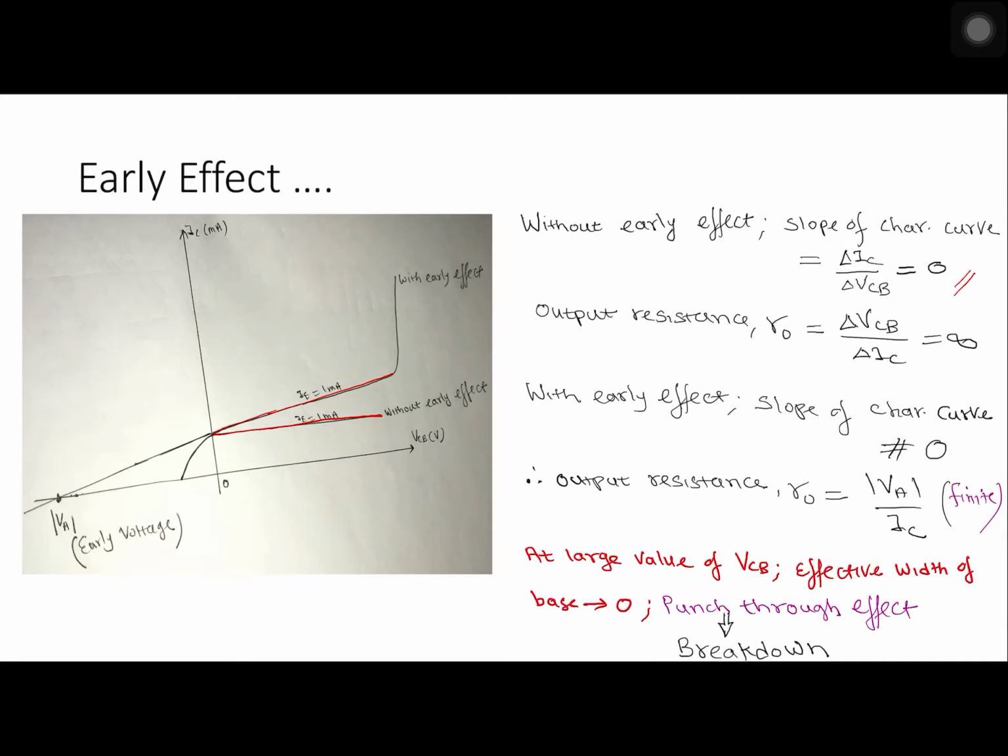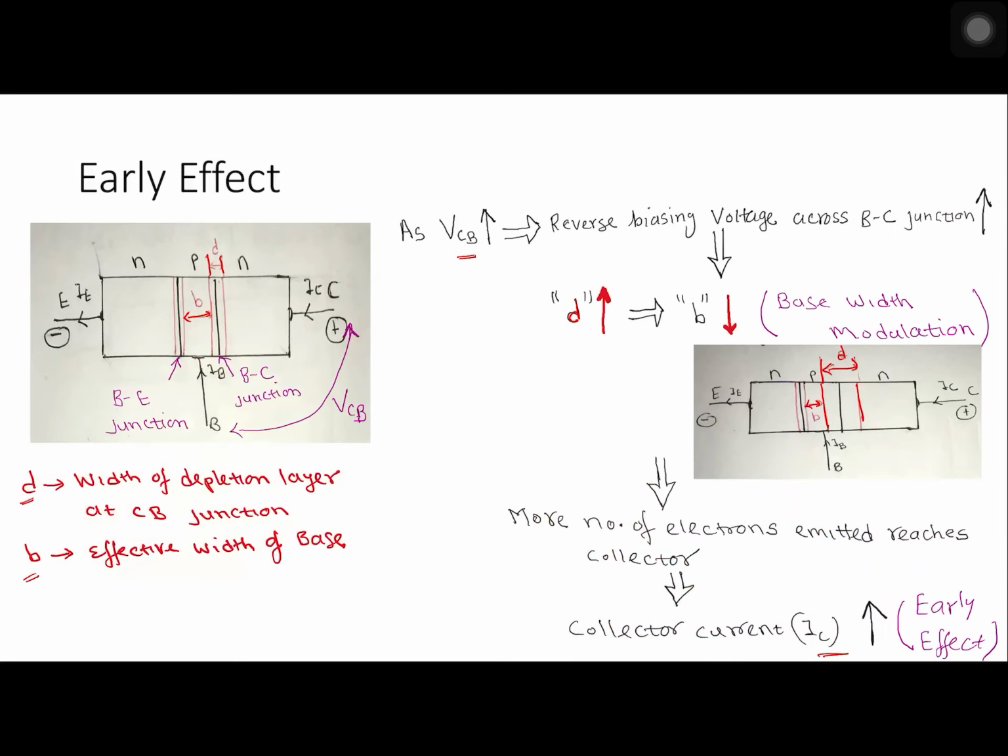With early effect, we get some finite resistance, which can be calculated as VA by IC, where VA is early voltage over here.